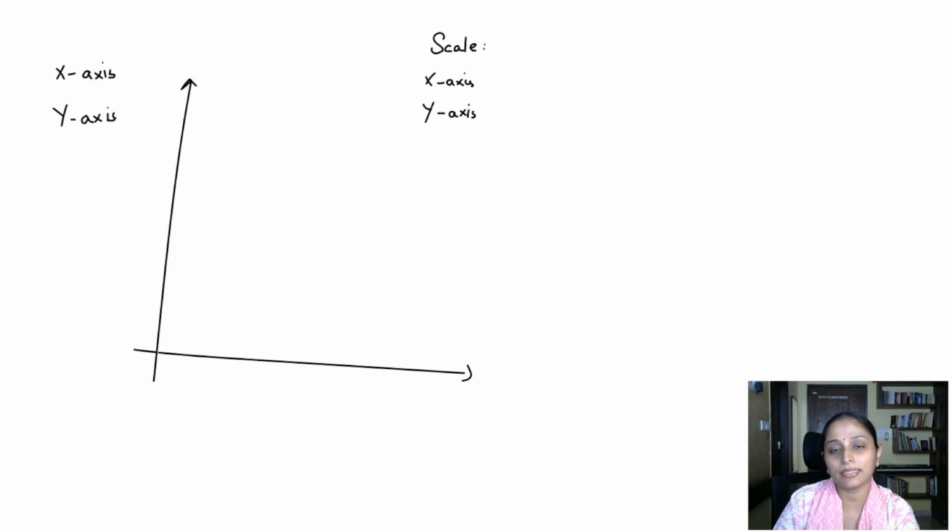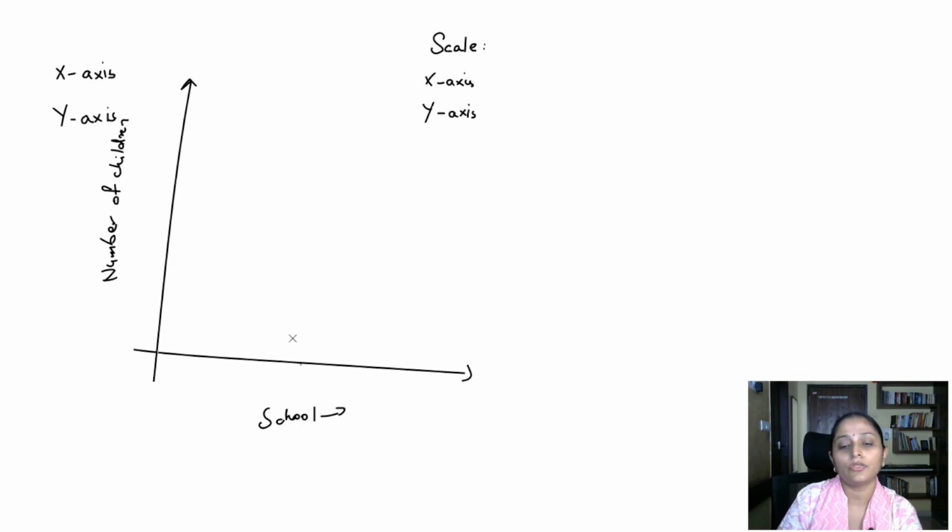So the x-axis is clearly going to be the school, like we have seen in the Excel sheet. And the y-axis is going to be the number of children. So here you will mention number of children, and here you're going to write school. So this is your x and y-axis, and you're going to mention the scale.